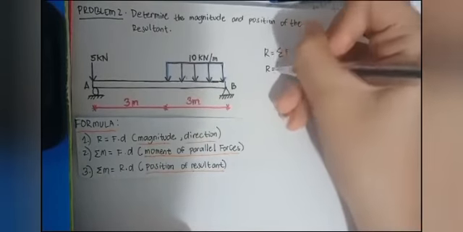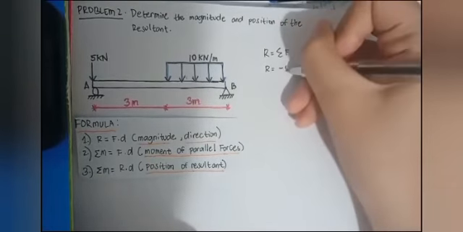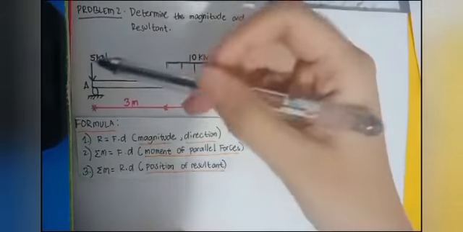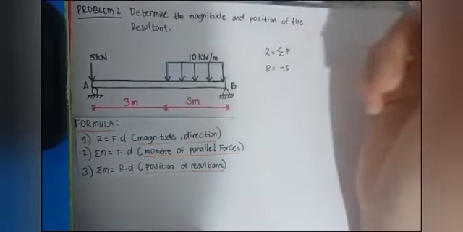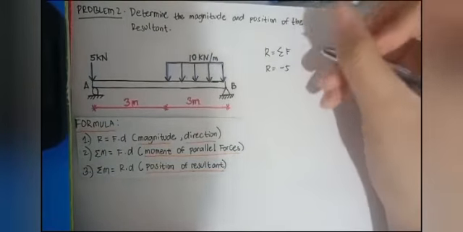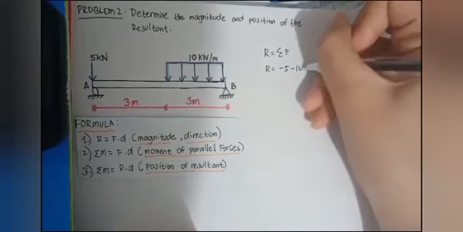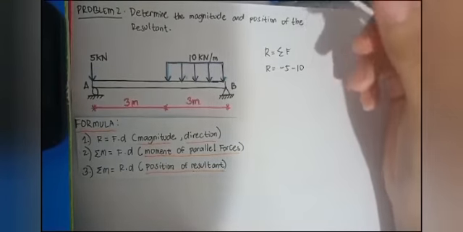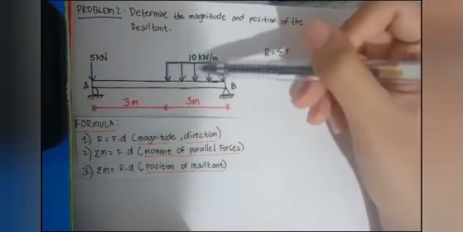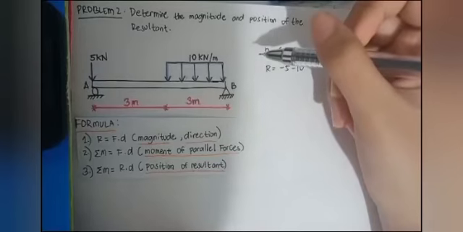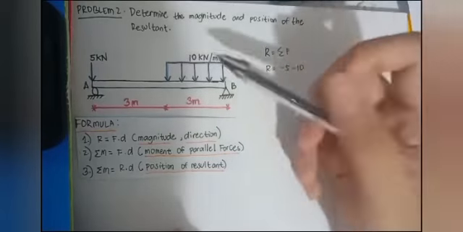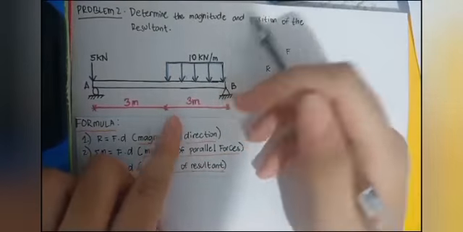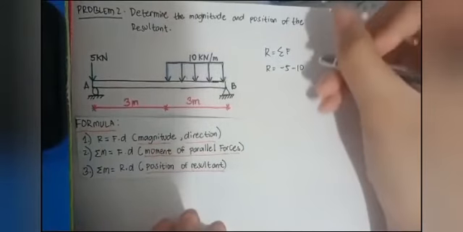So R is equal to negative 5, because the arrow here is going down, so it's negative, and then negative 10, because the arrow is also going down, but you will be multiplying it by its distance here.